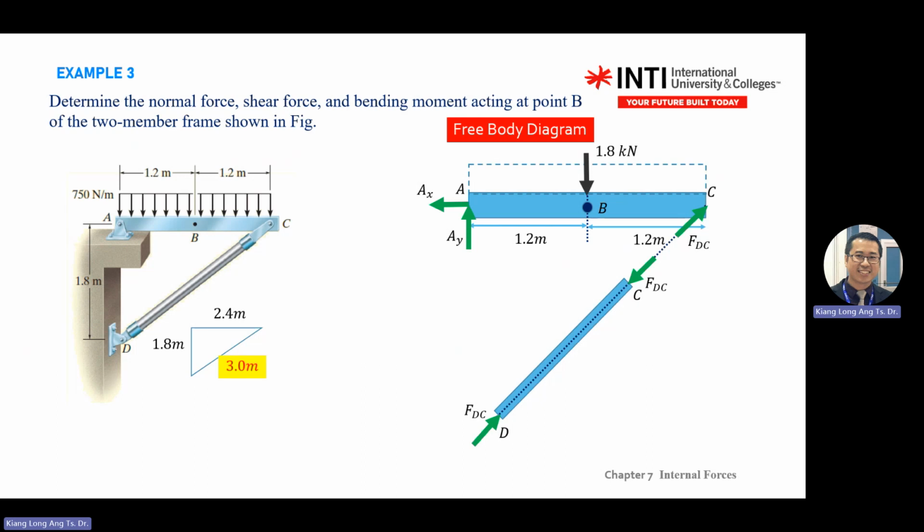So you just do calculation, the length of this one. Sometimes you can simplify the triangular.